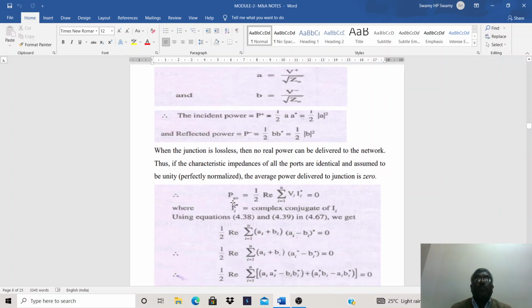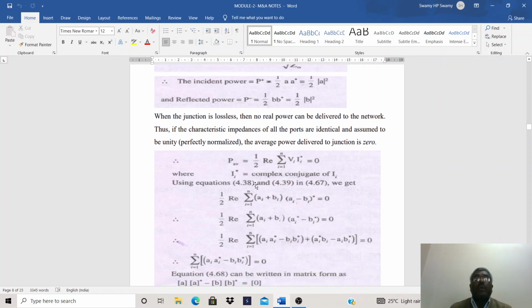So P average = 1/2 Re of the summation from i = 1 to n of Vi Ii* = 0, where Ii* is the complex conjugate of Ii.